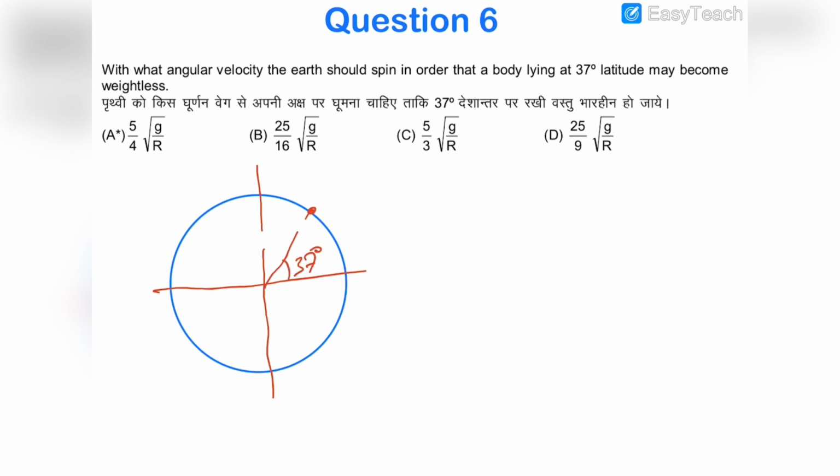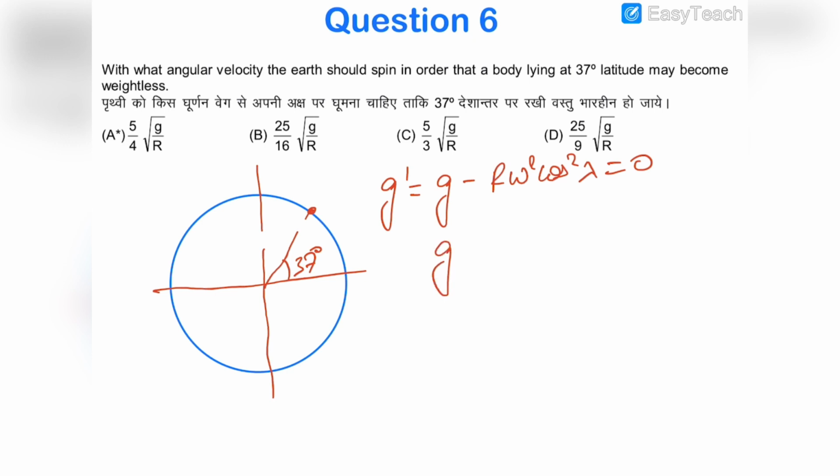So we know that this is a formula, g' is g minus R omega square cos square lambda, and we need to equate this g' to 0 because the body has become weightless.